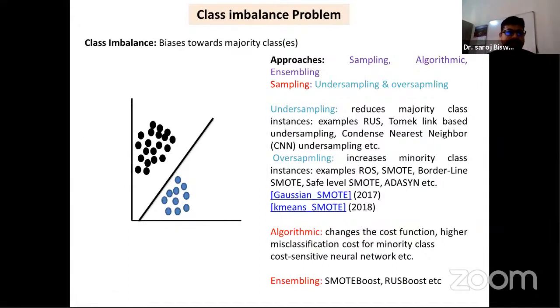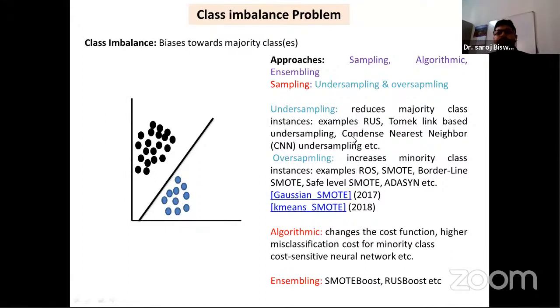That is roughly, still there is no evidence. If the database is very small, we need to do oversampling so that we increase the minority class instances. If the database size is very big, then we can do undersampling, because here we are going to reduce some of the samples.